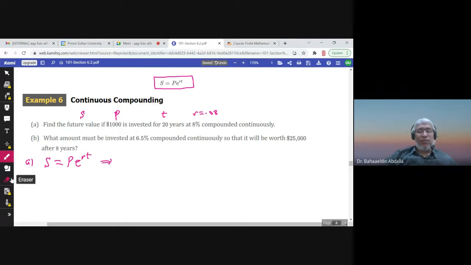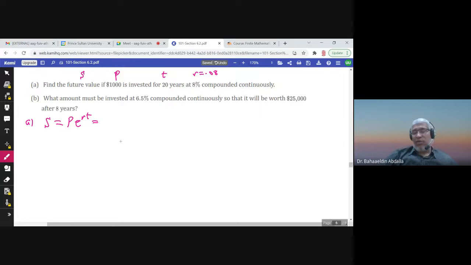So we need to find S. So we multiply 1000 times e to the power r times t, and we use the calculator to find the answer.